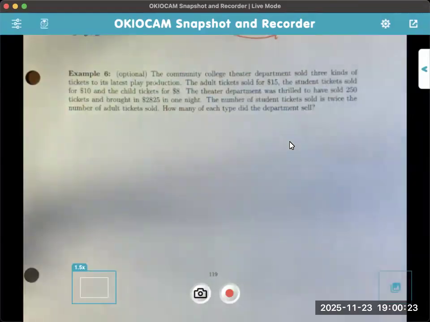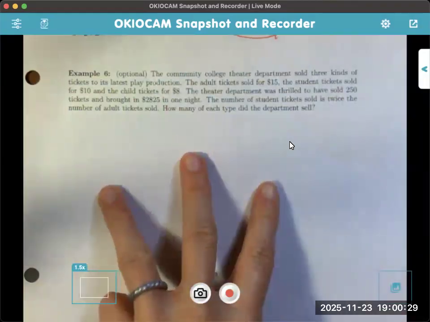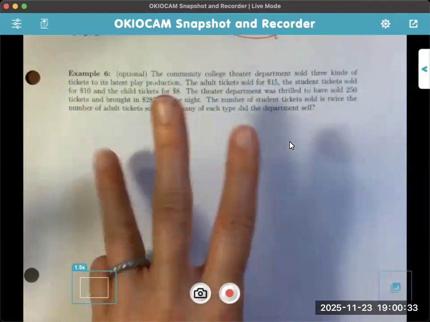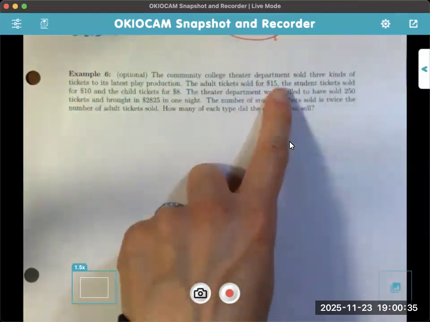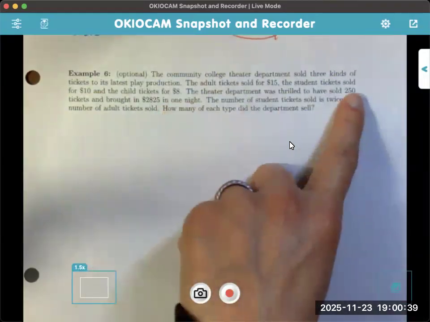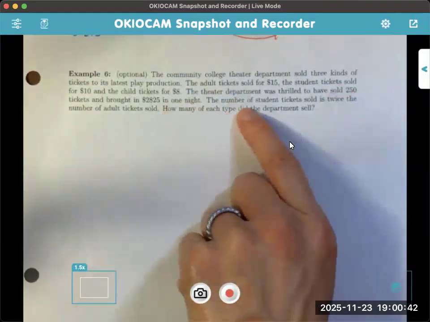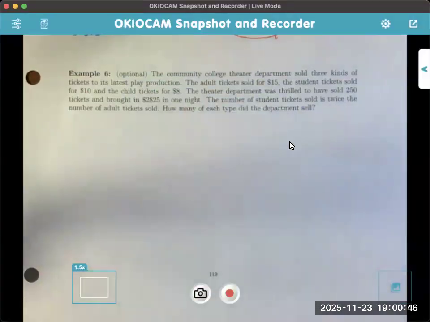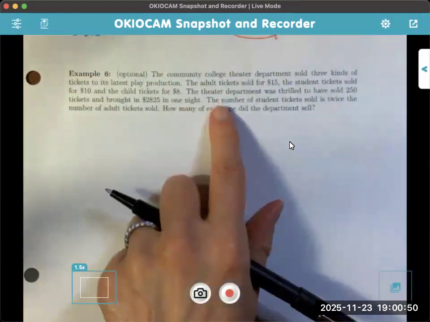So this is actually a 3 by 3. Okay. 3 by 3 because we'll have 3 tickets, adult, student, and child. And then we'll have 3 equations. One that describes the money, one that describes how many tickets we sold, and one that describes the number of student tickets. Okay. So here, I just recommend go sentence by sentence.